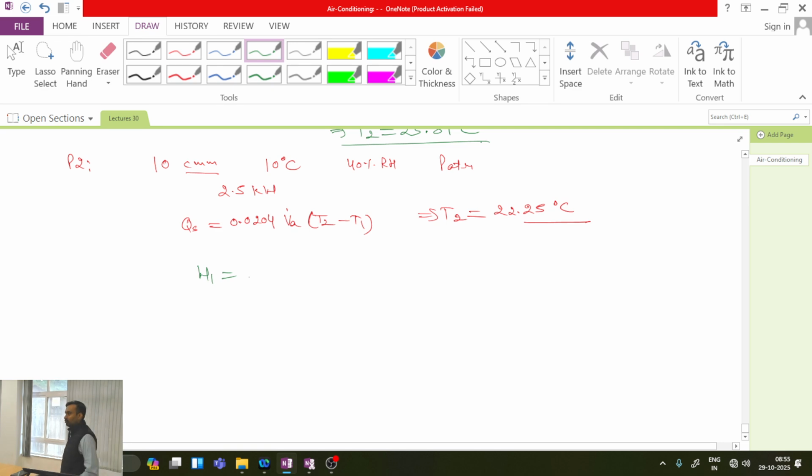Can you calculate W1 now? How to calculate W1? Relative humidity is there. The only thing is at 10 degrees Celsius, I need to determine saturation pressure. Let me give it to you.